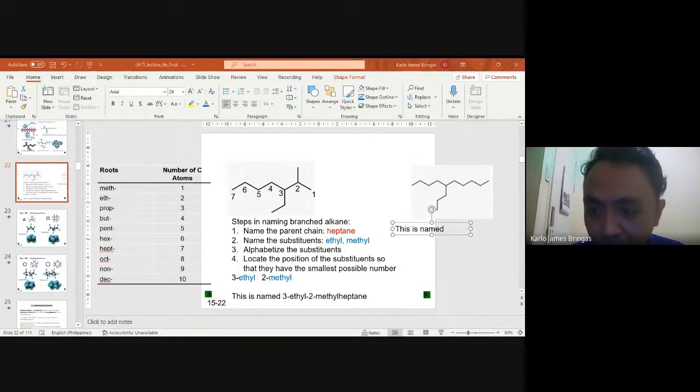So can I see from the rest of the class? So what is your answer for this one? What is the name of this compound?